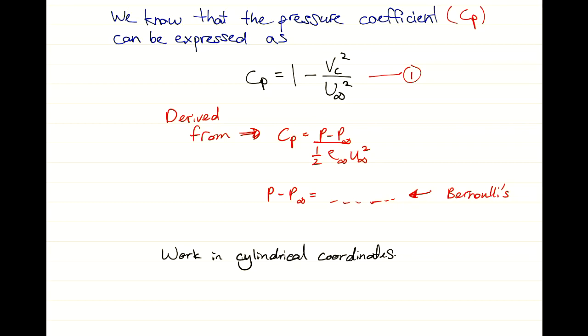Velocity in cylindrical coordinates: e to the power i theta times dw/dz equals ur minus i u theta.